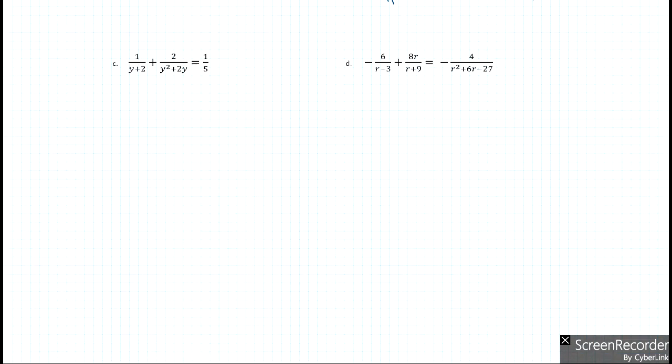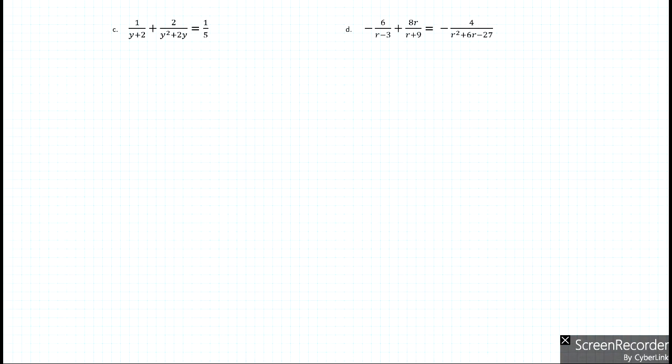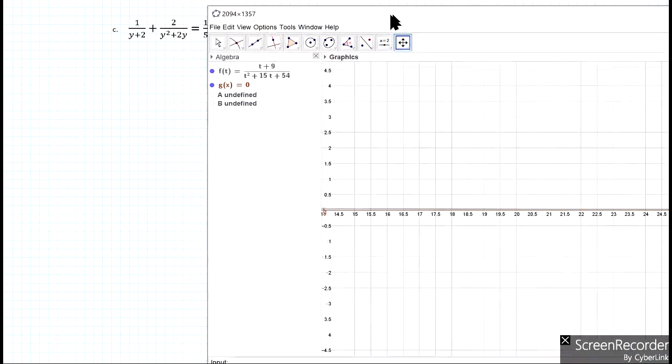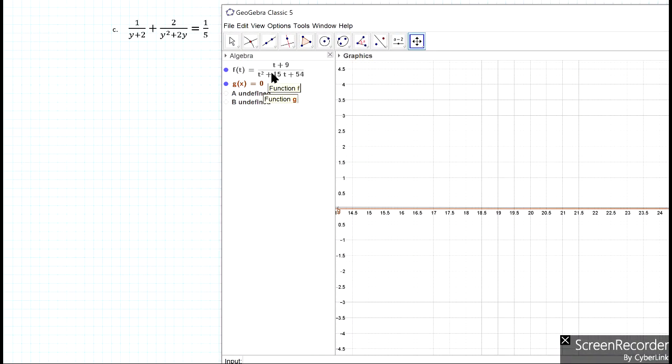Now moving on to part C. We have this expression over here. I'm going to go ahead and plug both sides in again. So it's f of y in this case.